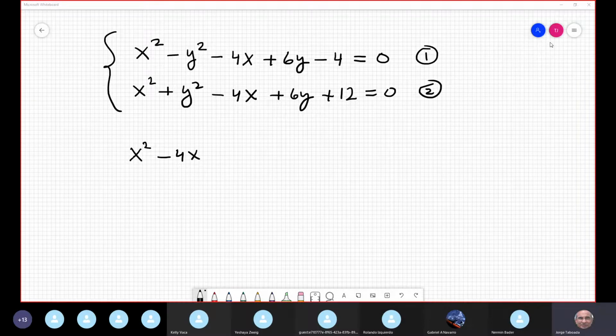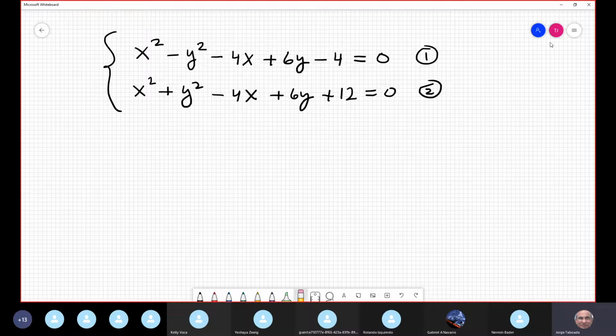Okay. I explain, when you have no sound, okay, this is a complicated example. Because if you try subtracting equation 1 minus equation 2, or adding equation 1 plus equation 2, you don't get anything. So this is a little bit sophisticated because you need to apply completing the square.